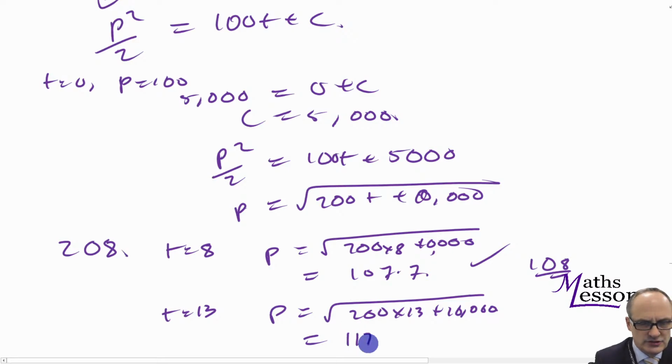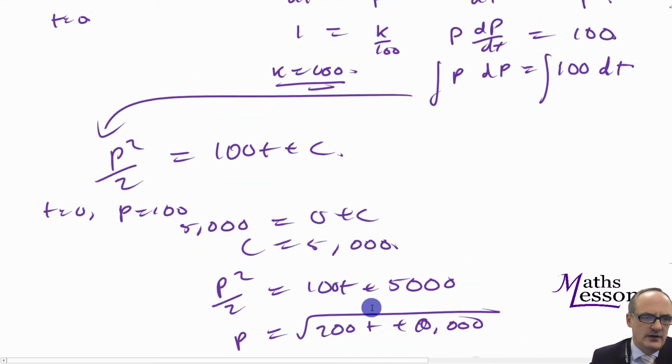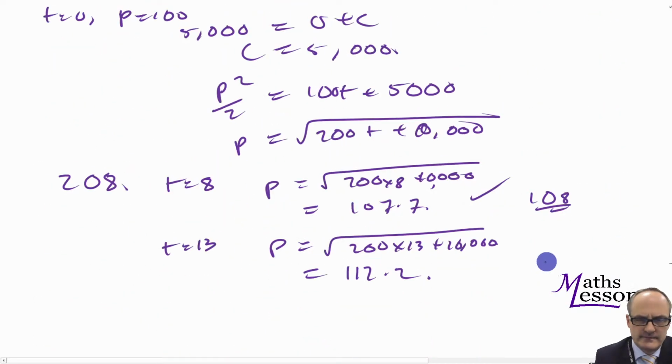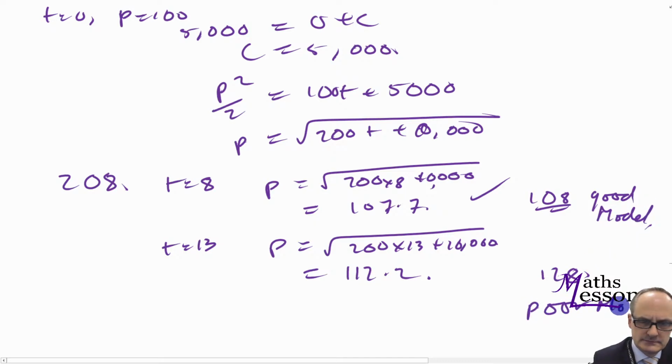In reality, it's 128. So it was a good model for t equals 8, up until this point in time, but a poor model now. Overall, we'd probably say it's a poor model.